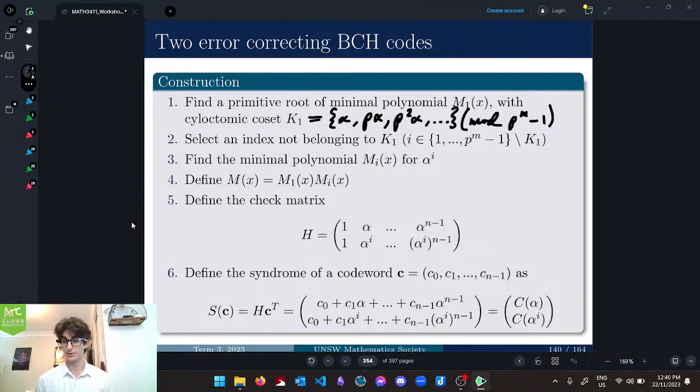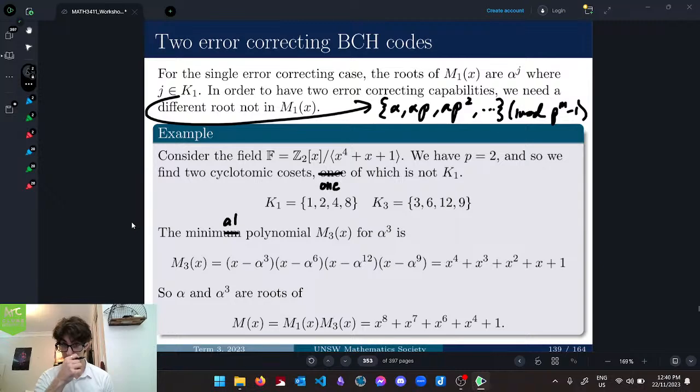Select an index I in this set that is not part of K1. Find the minimal polynomial m_I(x) for alpha to the I, and define m to be that first m1, the first minimal polynomial, times our new m_I.